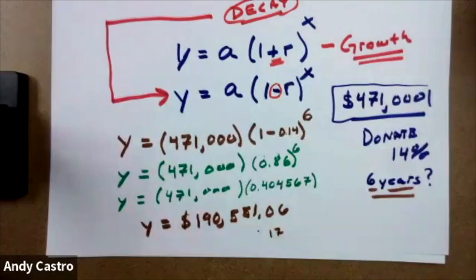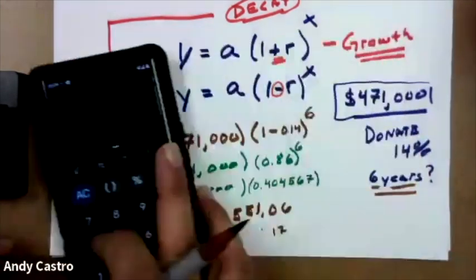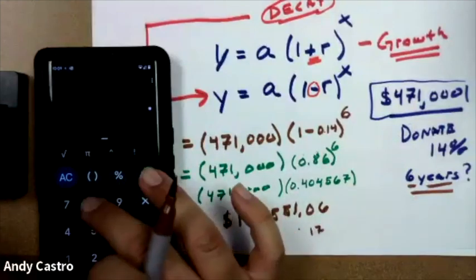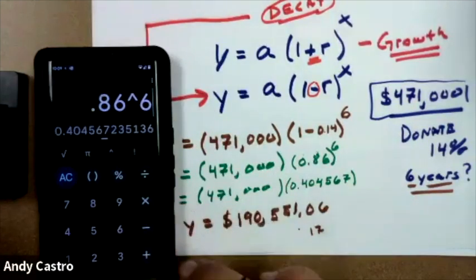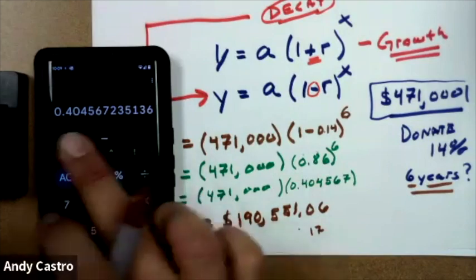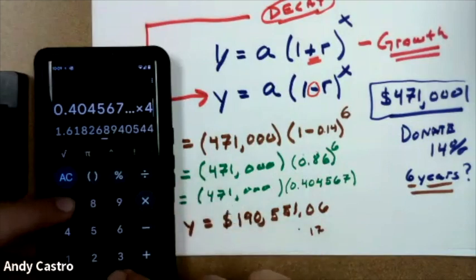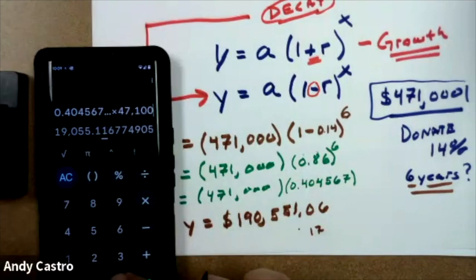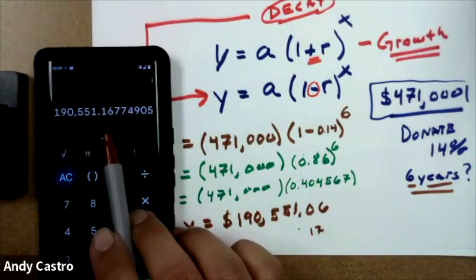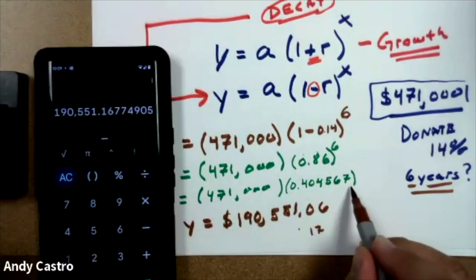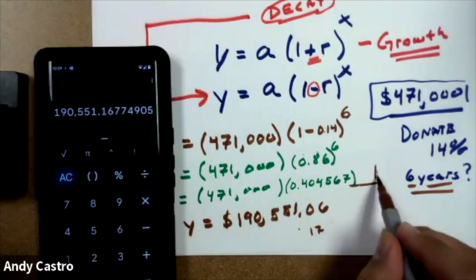Let's see. It's kind of a glare there, isn't there? Okay, so 0.86 raised to the sixth power. I won't do any rounding, and I'll multiply that straight up by 471. So that's where they're getting it. They had a little bit more accurate of a number. Since I rounded here, I did not put the rest of the digits here.